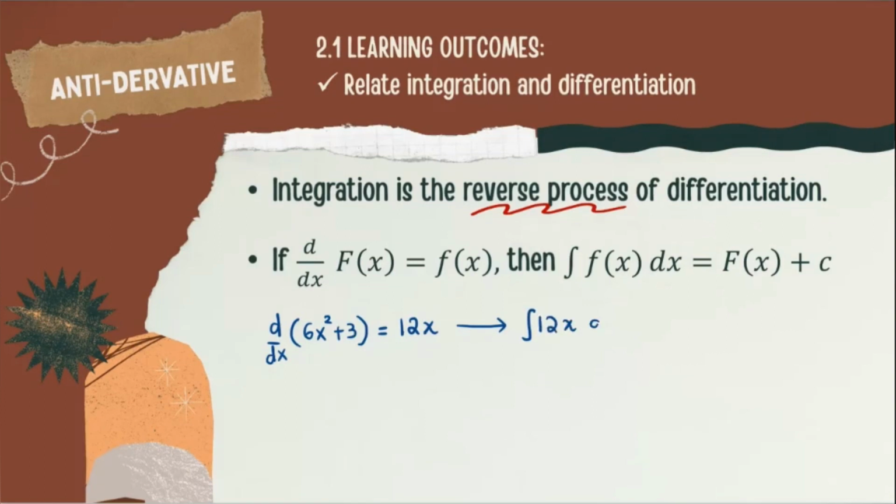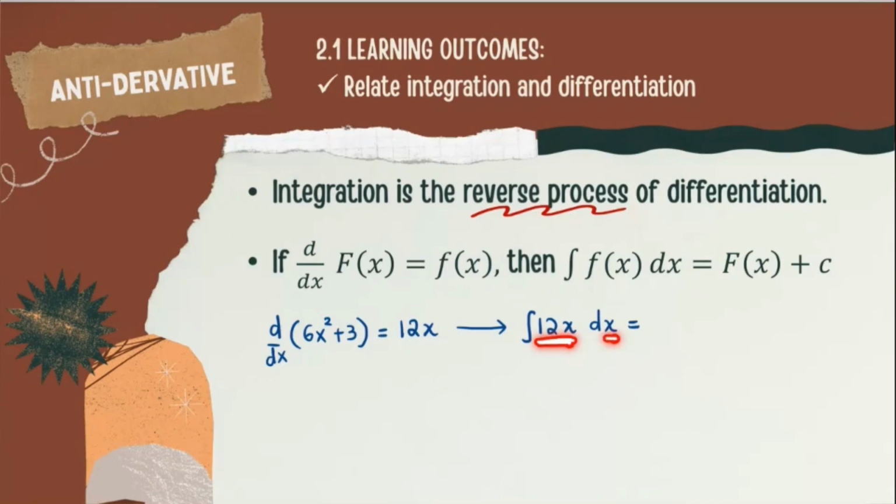So bila kita nak integrate menggunakan antiderivative, now if we want to integrate 12x dx with respect to x, so dx kat belakang ni merujuk kepada kita nak integrate this function with respect to x. Bila kita integrate this function, kita akan dapat semula this expression again, 6x squared plus 3. Tetapi kalau remember dulu kat sekolah, bila kita integrate akan ada plus C dekat belakang.